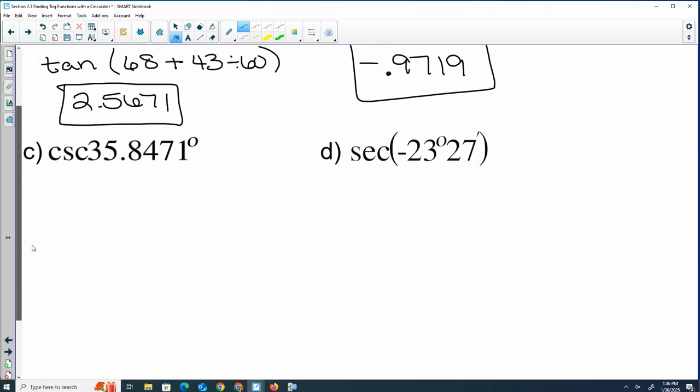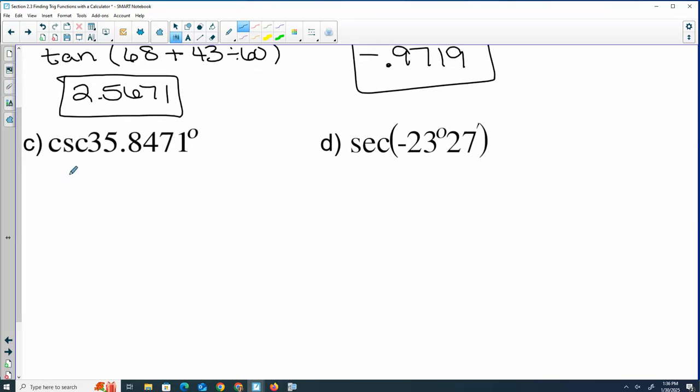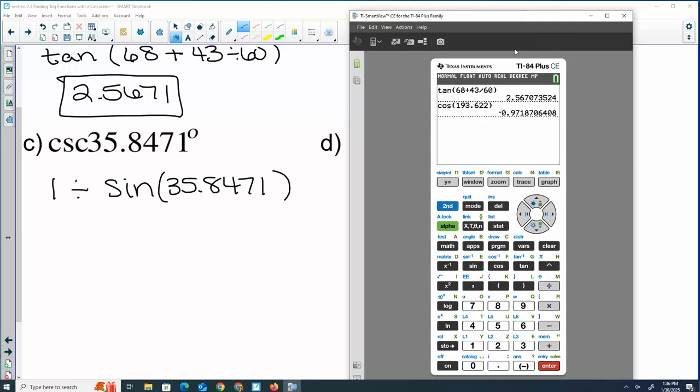If I want to type in cosecant, cosecant is the same thing as the reciprocal of sine. So I have to type it in as 1 divided by the sine of 35.847. Negative 1.7076.